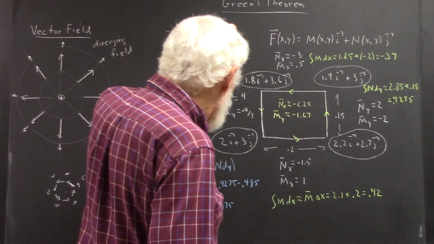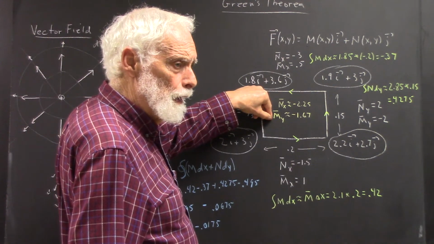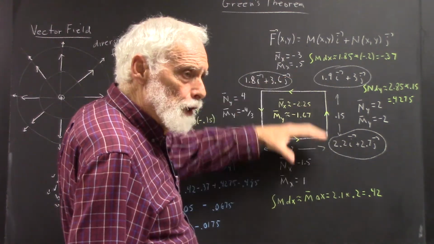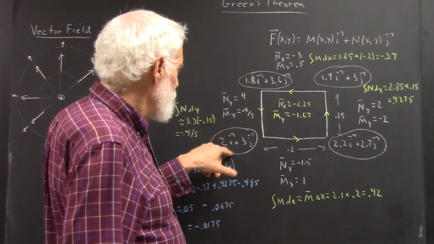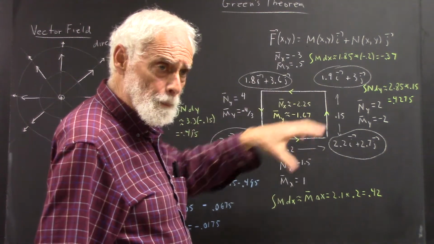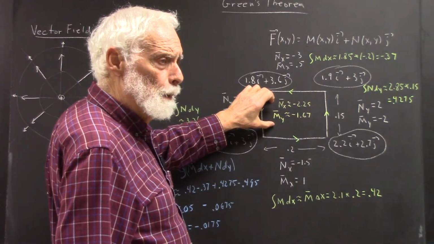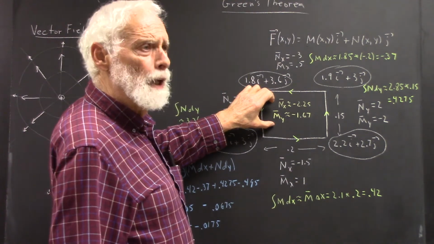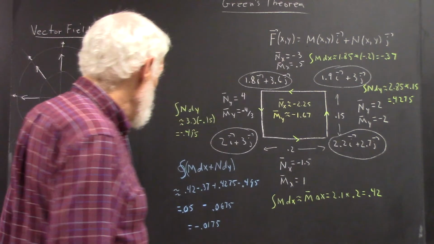Now, this is not really the average of Nx, and this is not really the average of My because of the way the function changes within the rectangle. But it's a small rectangle, and these values don't change by much from corner to corner. So we expect we've got a reasonably good approximation if we've got a non-pathological function, a function that's relatively smooth.